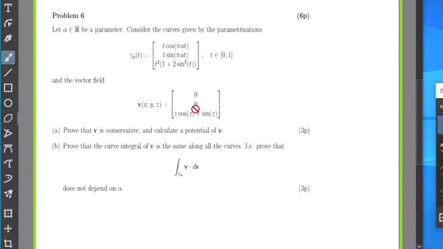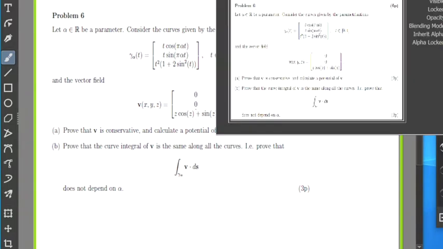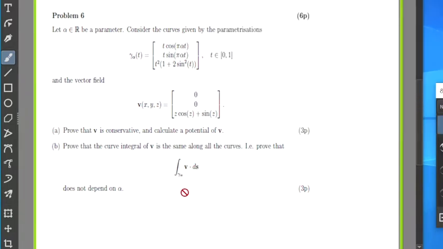So the first thing we should do is to prove that the vector field is conservative. And we should also calculate a potential for the vector field. So let's do that. Then we'll worry about B later. Then we need to calculate line integrals, but let's start with A.